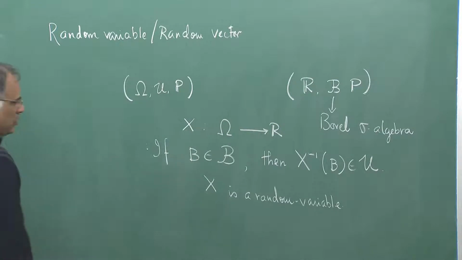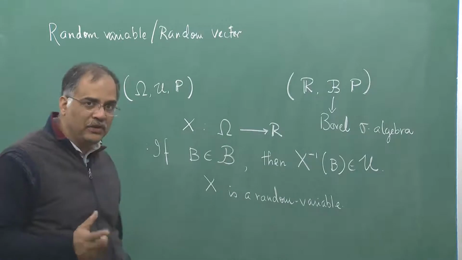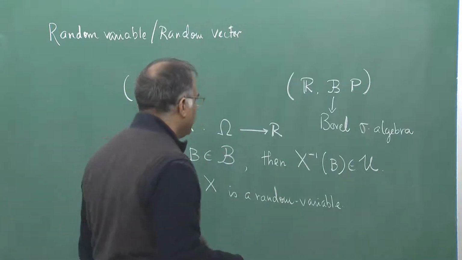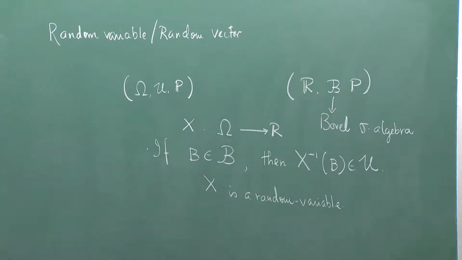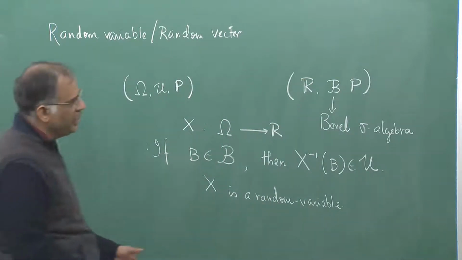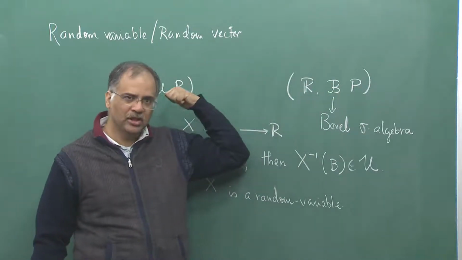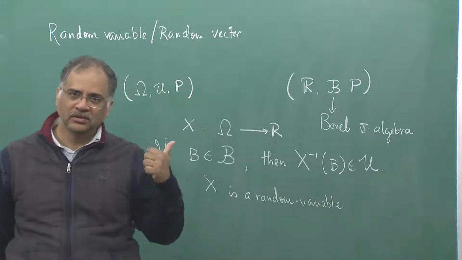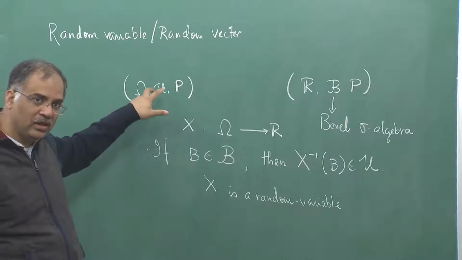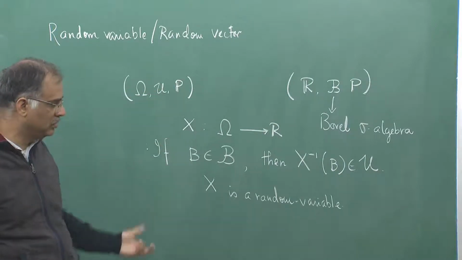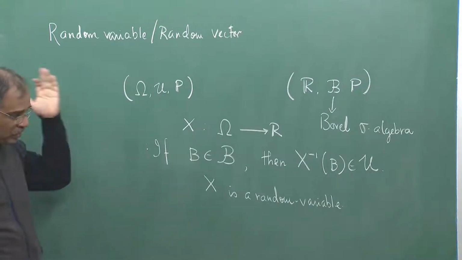This property is called the measurability property, that the inverse image of an event in the range space is also an event in the domain space. So, if you take an event in the range space and pull it back, make the inverse image, then it will map to some event in the actual space, the decision space or the domain space.